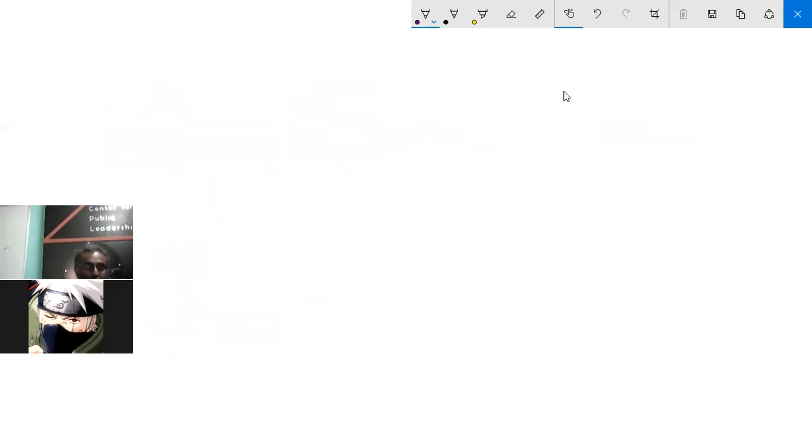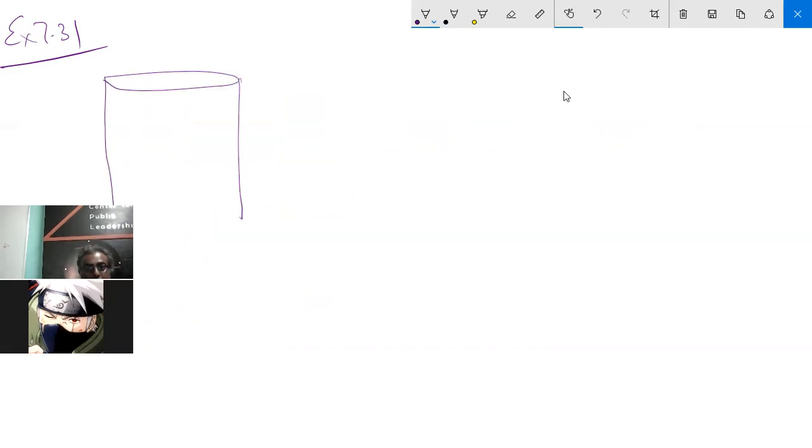Example 7.30 done. Now let us do example 7.31. A right circular cylindrical container, base radius 6 centimeter, height 15 centimeter.